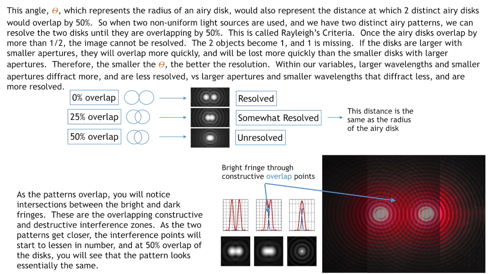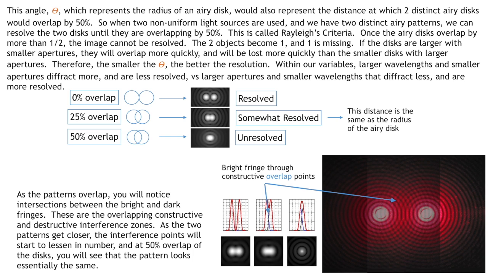And this distance where it's somewhat resolved, just before 50% essentially, is the Rayleigh criteria. And this distance happens to be the same distance as the radius of the Airy disc, right? So 50% overlap of two discs is the point of the radius of a single Airy disc.